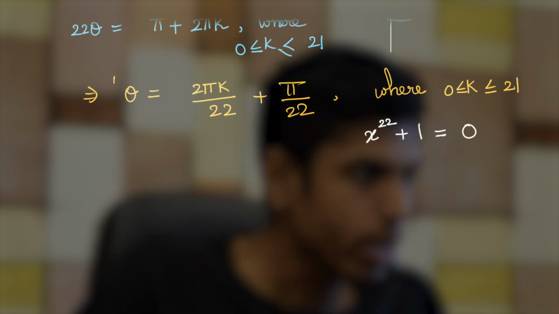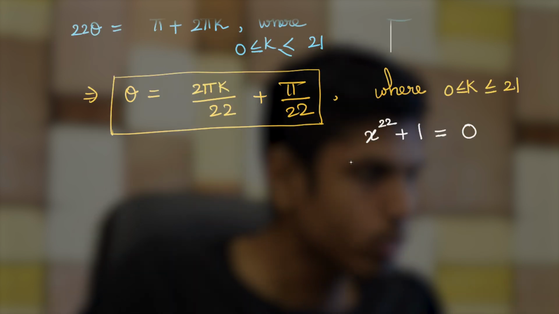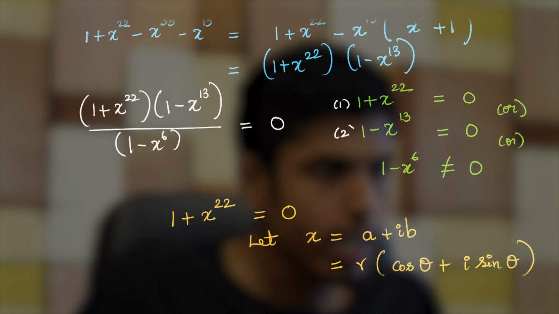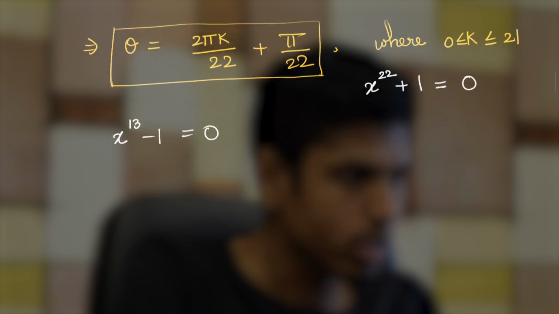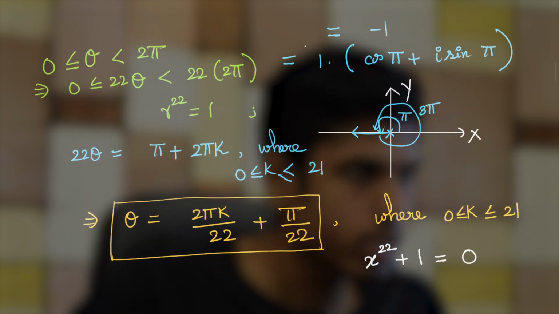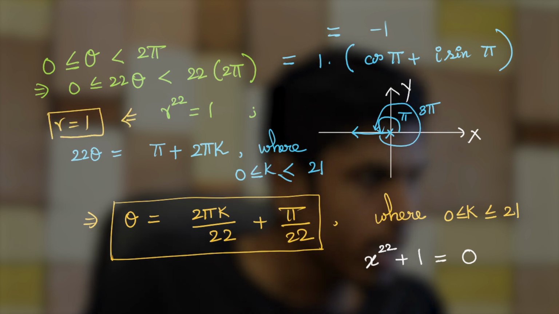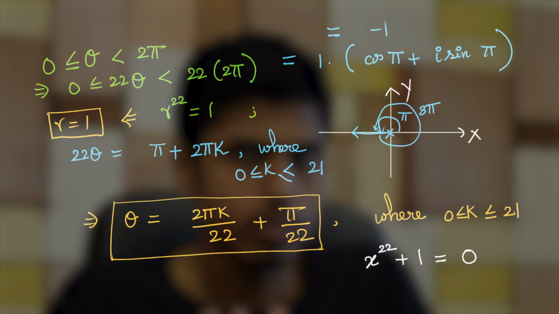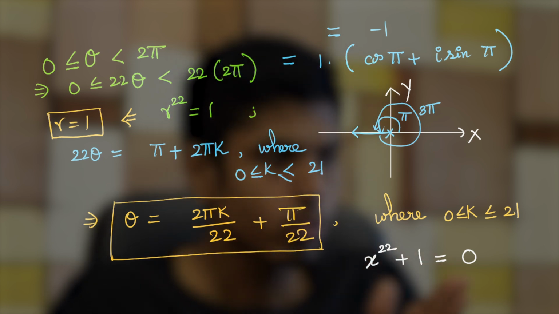By a similar way, one can find the roots of the polynomial x^13 minus 1 equal to 0, which is the second polynomial in our list. Now this corresponds to, I missed the value of r in the last polynomial. r^22 equal to 1 implies r equal to 1, because r is the magnitude of the vector pointing to the root here.